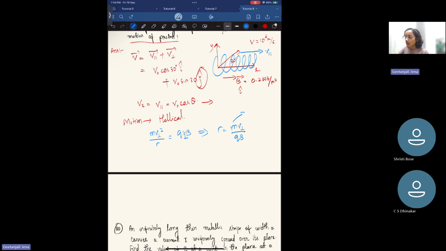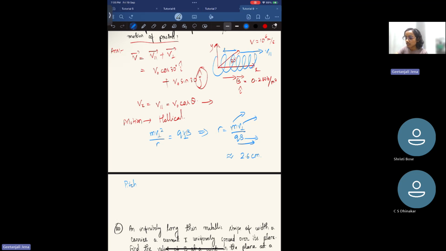And if we put the values of the mass of the proton, v perpendicular, q and B, we will get the radius to be around 2.6 centimeter. Okay, so this is the radius, and another important quantity is the pitch. Pitch is the distance traveled over one complete rotation.